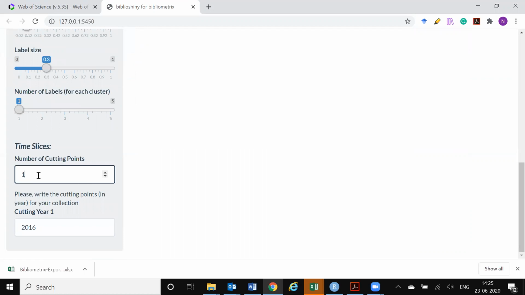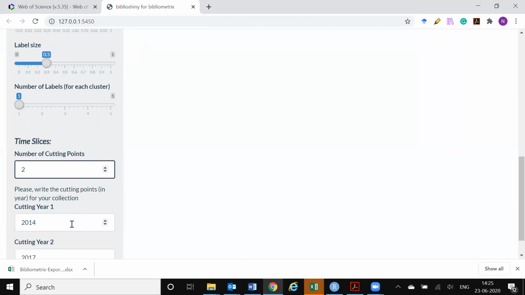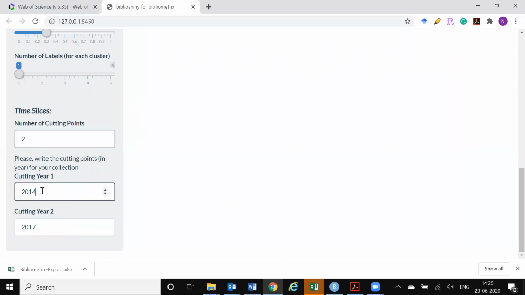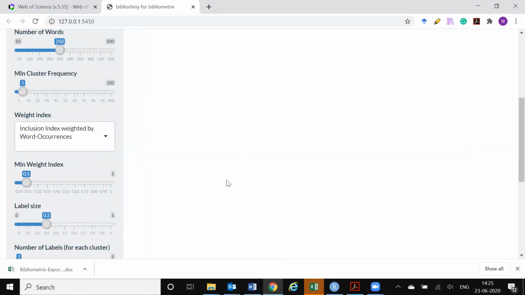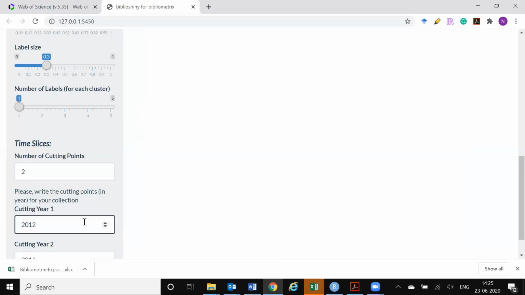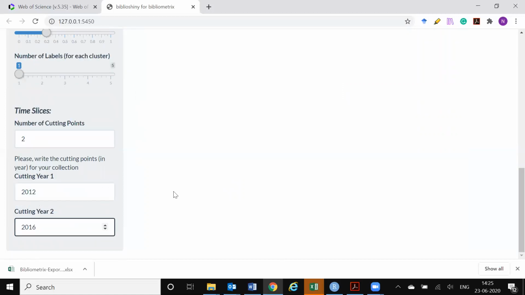In this case, if we were to make it two time slices, you could have a slice at 2013 and 2016, or maybe 2012 and 2016. So one slice is when the theme had just evolved. Between 12 to 16, if you had seen in one of the graphs, there was a certain increase or spike in the number of papers, and finally there was a second increase in around 2016.